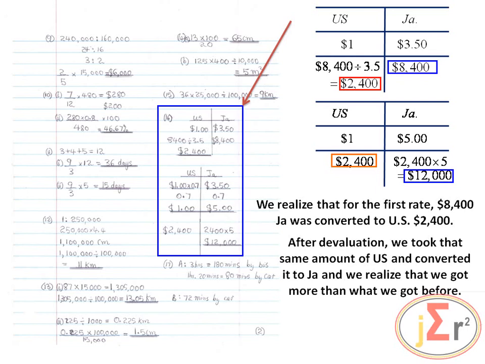Well, the only way that will happen is if we have a devaluation of the Jamaican currency. We are not considering the exchange rate offered by the bank; we are just neglecting that. So we say, good, that we now have 12,000 Jamaican dollars, whereas we only had 8,400 to begin with.